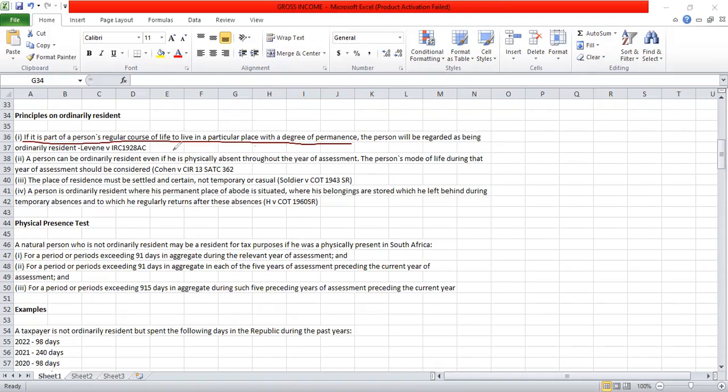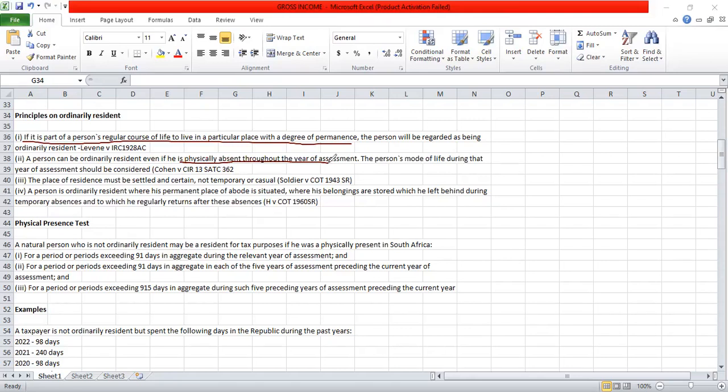All right. Then a person can be ordinarily resident even if he is physically absent throughout the year. The person's mode of life during that year of assessment should be considered. So we can also look at the way of life, which might mean, let's say you are in Egypt, but you are constantly improving your property here, your home here in South Africa.